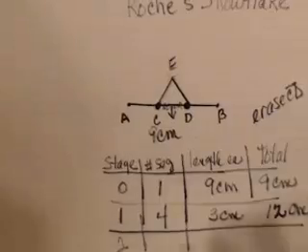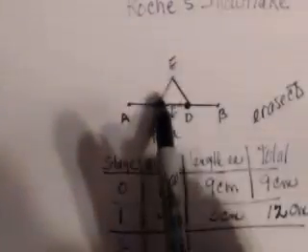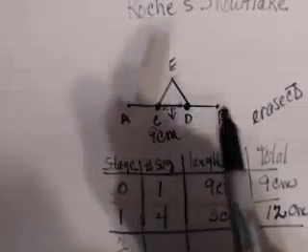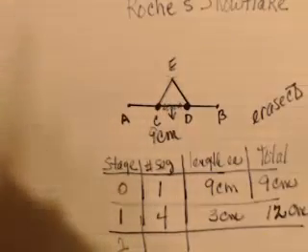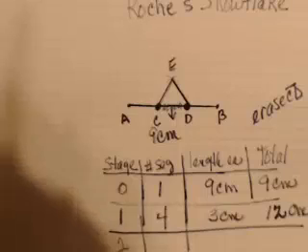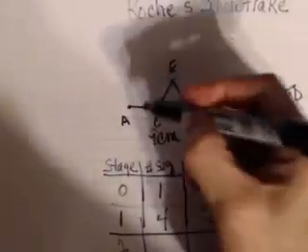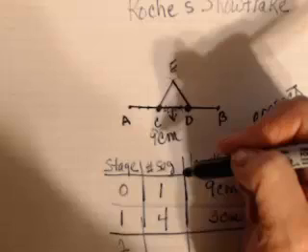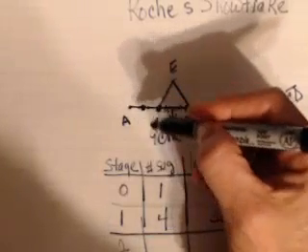For every segment that is left, AC, CE, ED, and DB, we have to do exactly what we did for stage 0 or stage 1. I'm going to divide AC into 3 equal parts. I'm going to erase the middle.